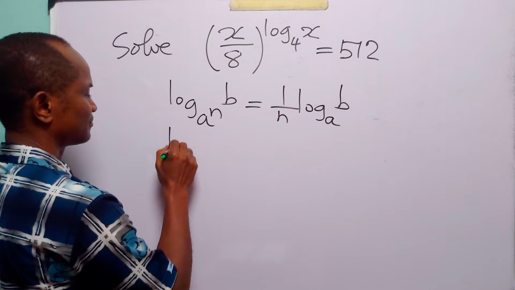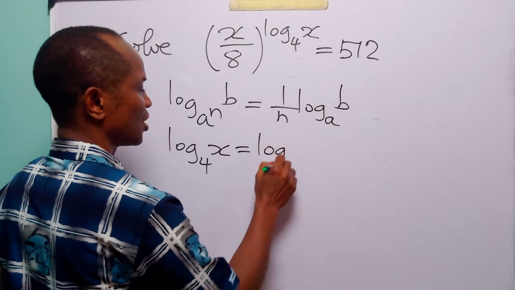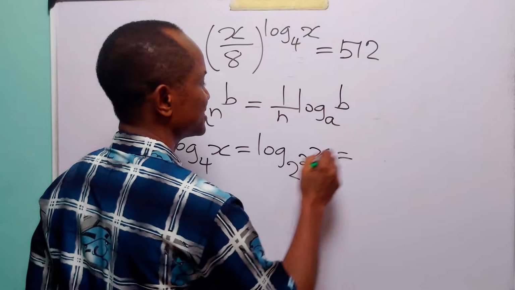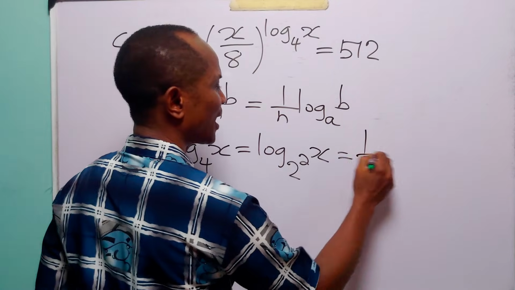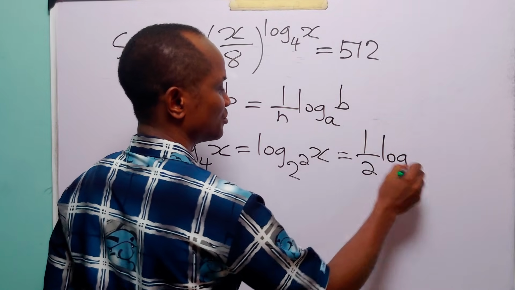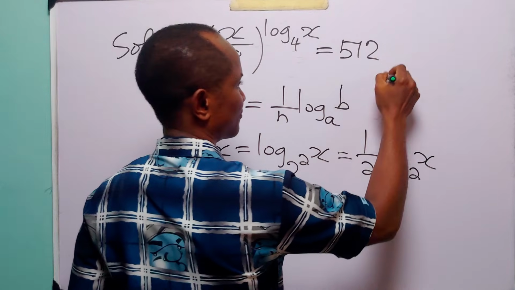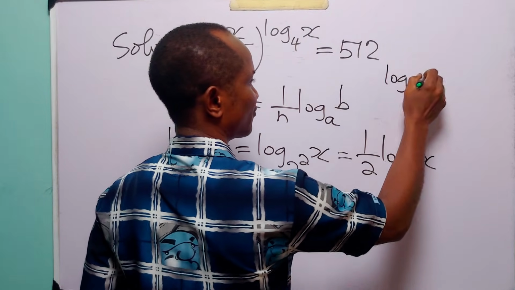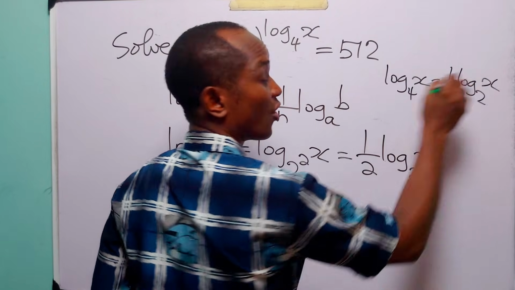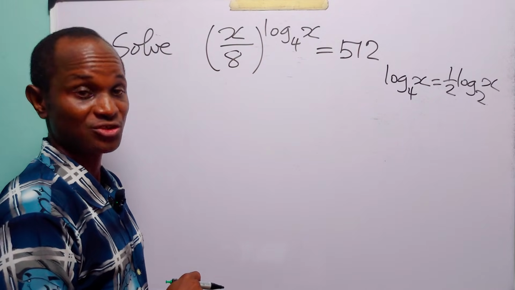So we have that log to base 4 of x is equal to log to base 2 squared of x, which is equal to 1 over 2 times log to base 2 of x. So log to base 4 of x is equal to half times log to base 2 of x. Now, for the first method, we will start with a substitution.